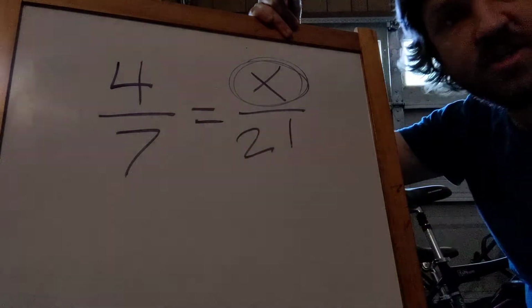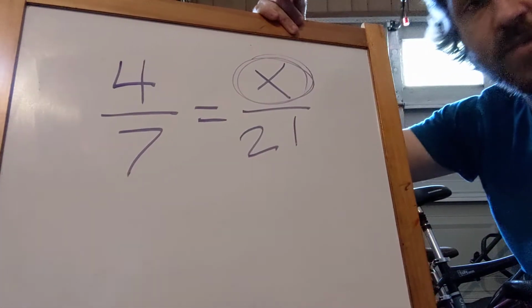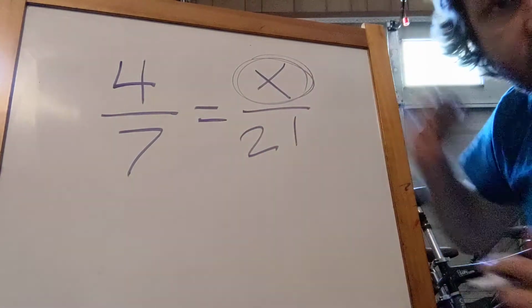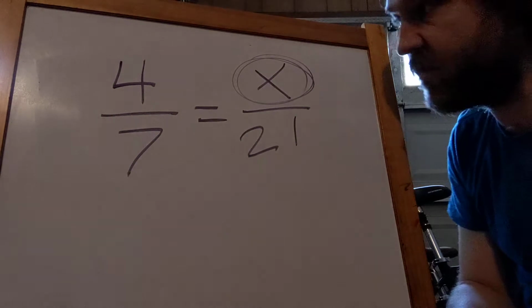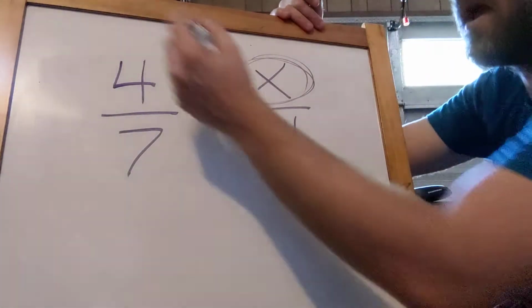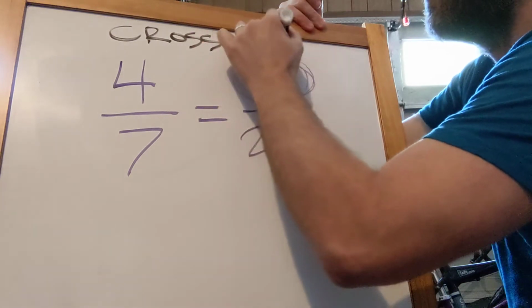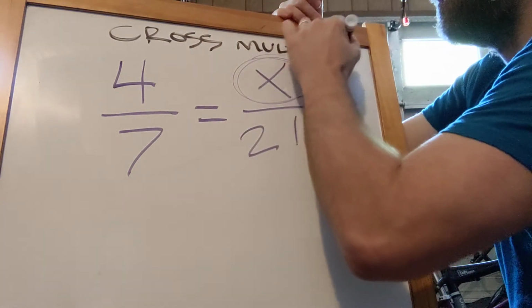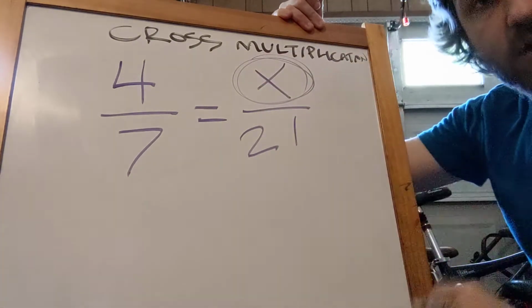I know that the relationship between those numbers is the same as 4 over 7. So how can I solve this? Well, we're going to use the property we just talked about, the means extremes multiplication, which is also known as cross multiplication. You guys have heard of this before.